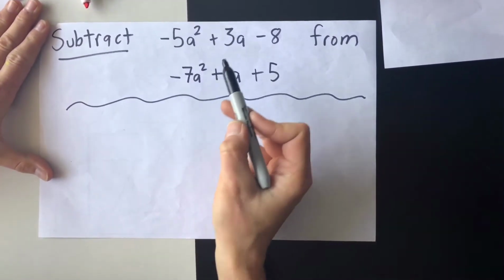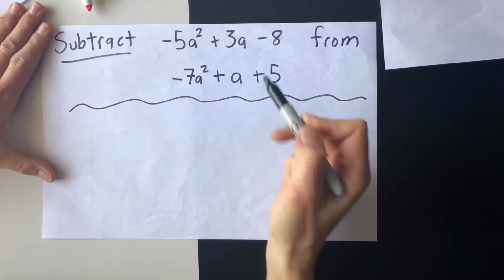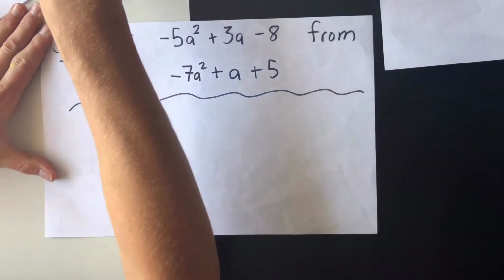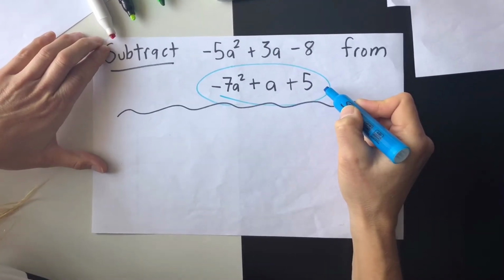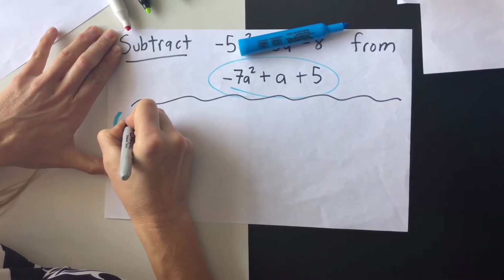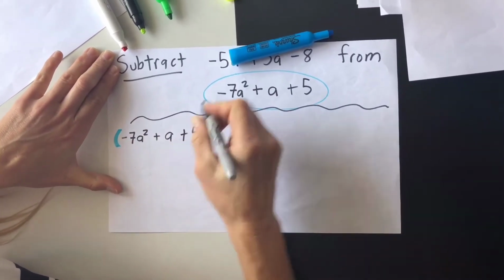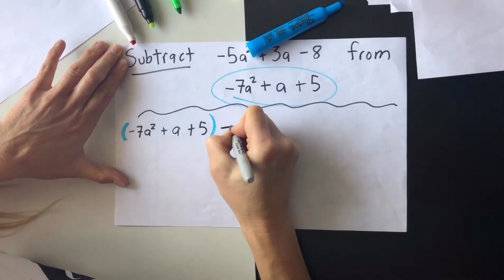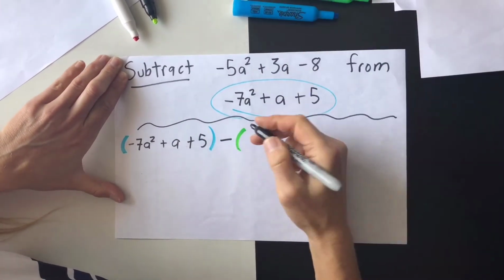We want to subtract this phrase from this phrase. So what comes first? This is subtracted from the second part. So we write this first. So we'll write this phrase in parentheses, because we will be subtracting the second phrase, also written in parentheses.